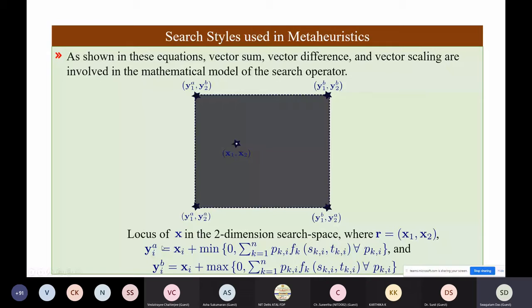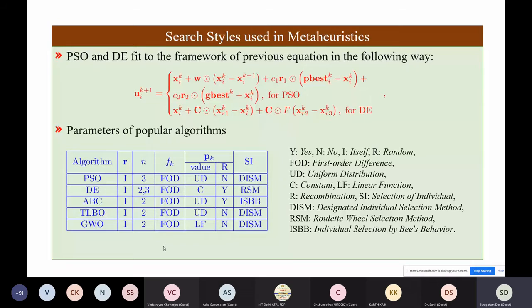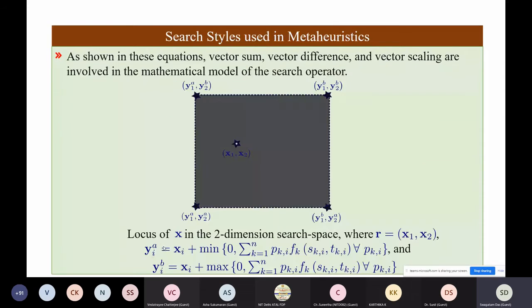But if you carefully notice the earlier slide, especially for PSO-type algorithms, this point x1, x2 is geometrically within this black cube. It cannot go beyond the black cube. That is why it is a black square in this case; in 3 dimensions, it would have been a cube.